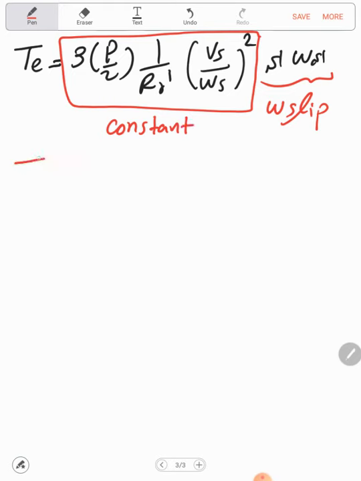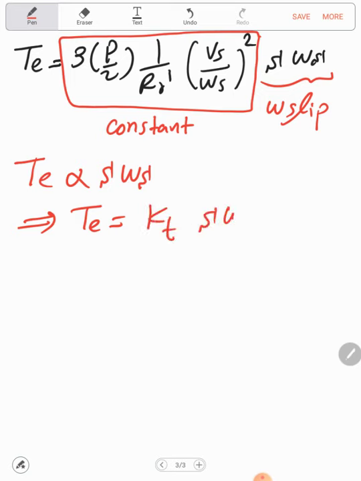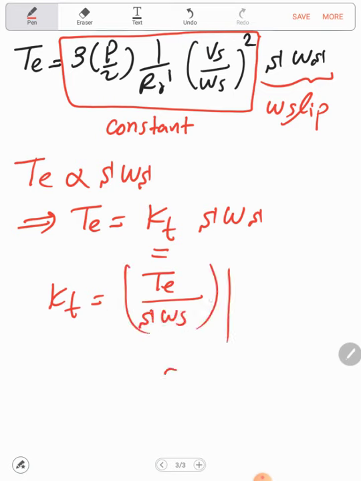So simply this means that the torque is proportional to s omega s. So the torque can be written as constant Kt times s omega s. Now how to find the constant? Simply Kt will equal Te over s omega s at rated condition.